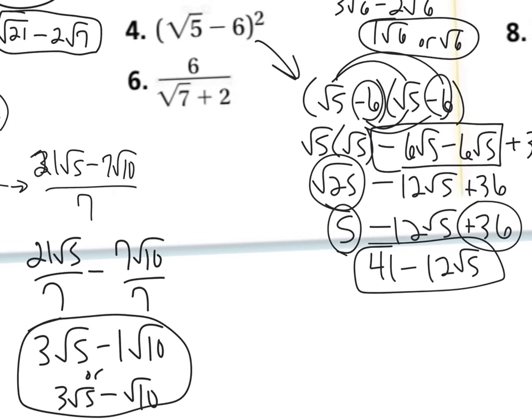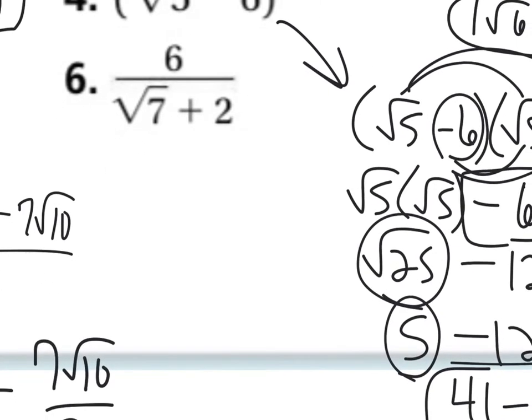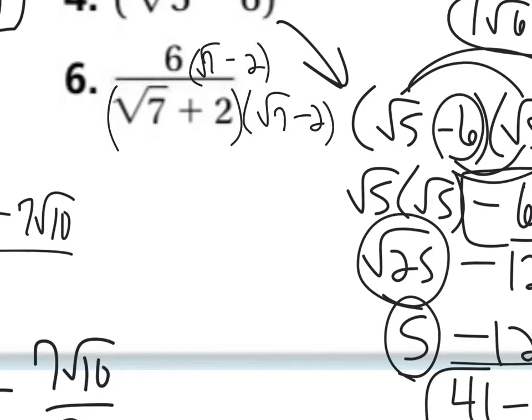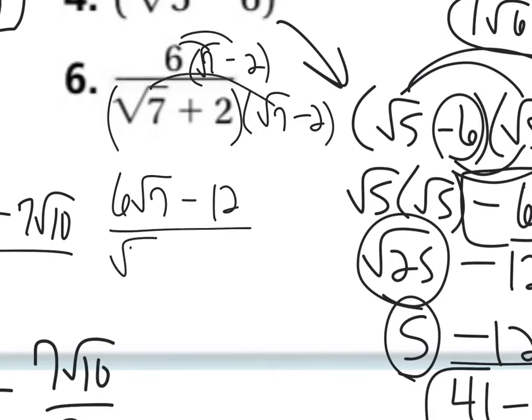And then number 6 is going to be a similar situation. So we would just multiply by the conjugate. And we can distribute in the numerator and the denominator. Once again, those middle terms are just going to cancel.